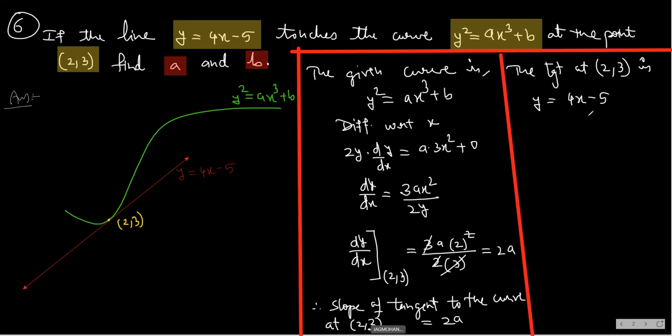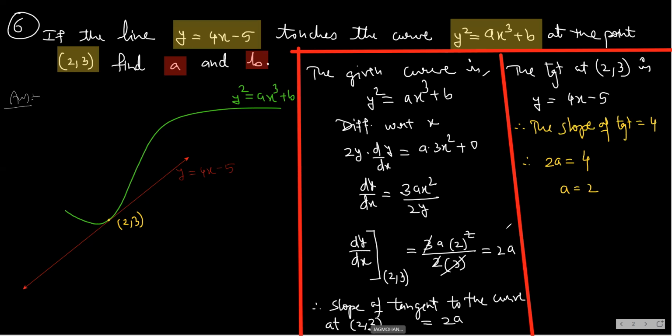Now see, it is in the form y equals mx plus c. So definitely you have the slope as m. Therefore, the slope of tangent is 4. But I found the slope of tangent to be 2a. So, therefore, 2a equals 4 and a is 2.